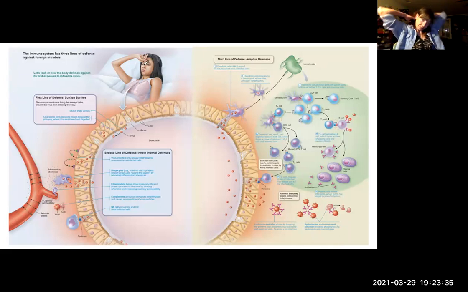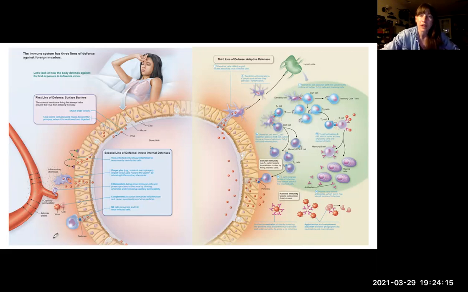You breathed it in somewhere, walked through somebody's cough cloud or sneeze cloud, and it made it into the airways. The mucous membrane of the airways is going to help catch it before it gets any further and sweep it away, right? The epithelial cells of your airways are ciliated. You also have goblet cells producing mucus in this mucous membrane. That mucus is going to catch the virus and sweep it out.